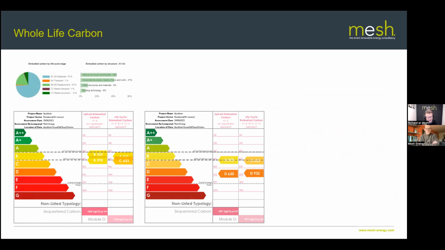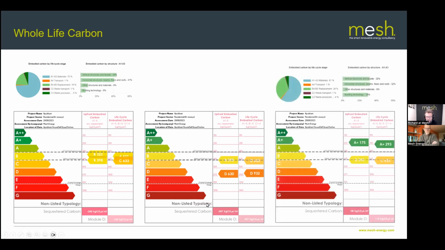Now, the problem with the retrofit is that because we wanted to reduce the impact on the existing gross internal floor area, we had to use high GWP insulation. So the embodied carbon rating of the overall design started to get worse.